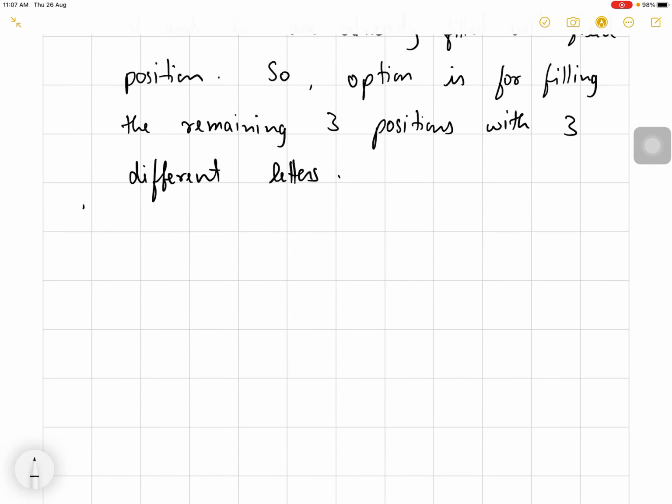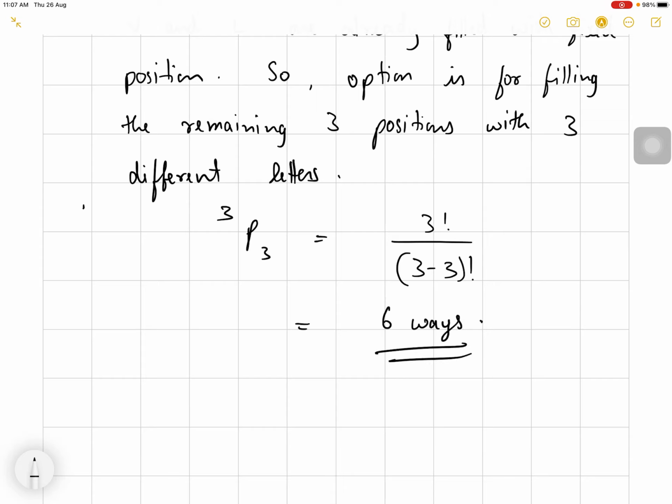So this will be 3P3, which is 3 factorial divided by (3 minus 3) factorial. So 6 ways. 3 into 2 into 1 is 6 ways. Okay.